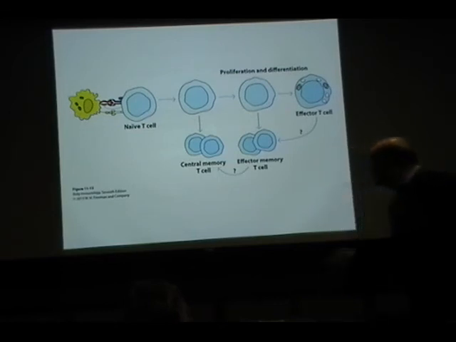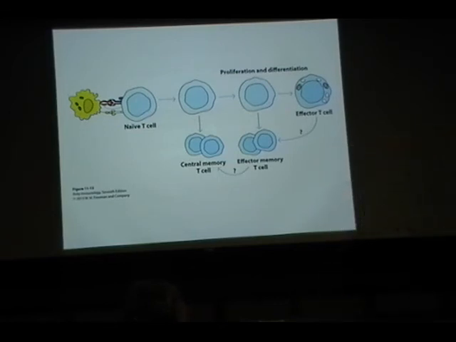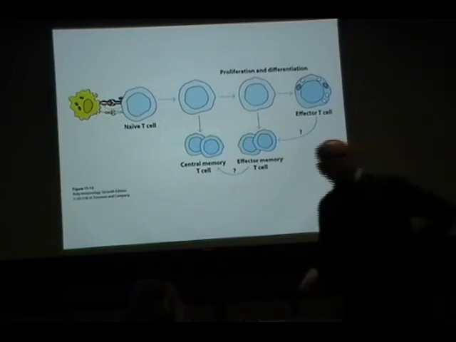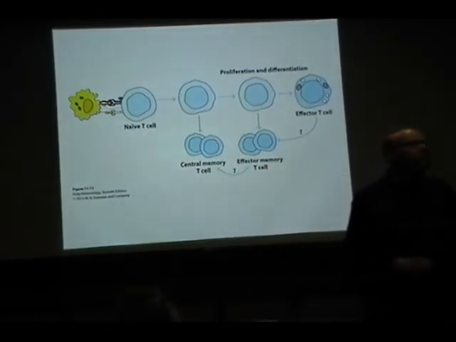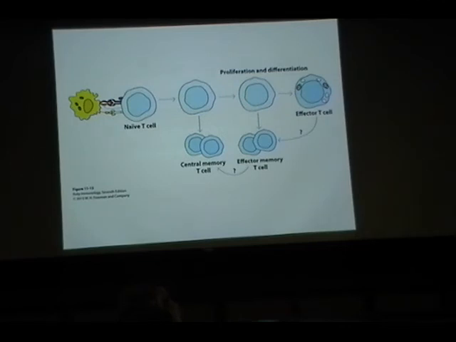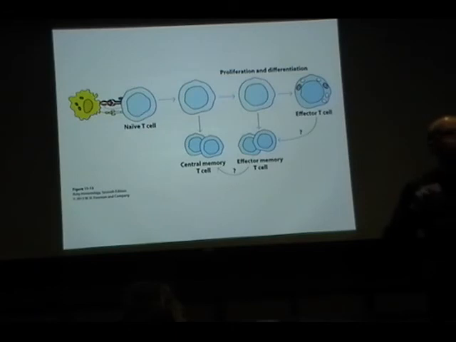And those cells are called central memory. They go from lymph node to lymph node, just like a naive cell went from lymph node to lymph node. The other place we put them, in lower amounts, is in the tissue where you got the infection.